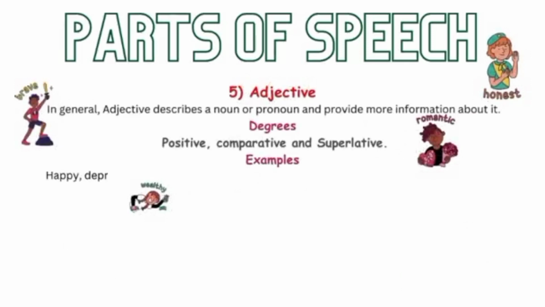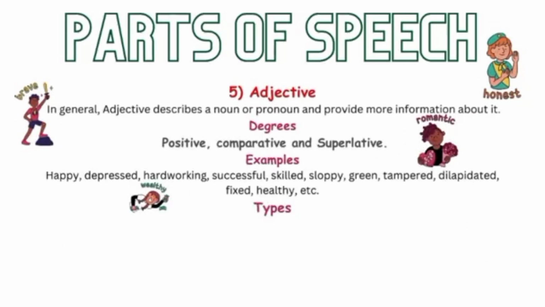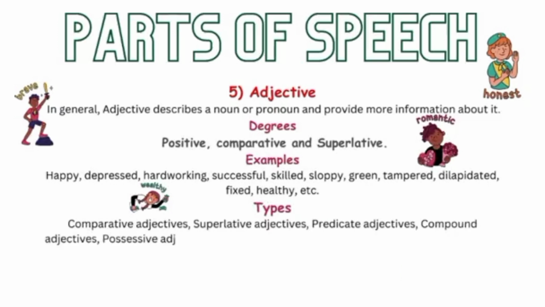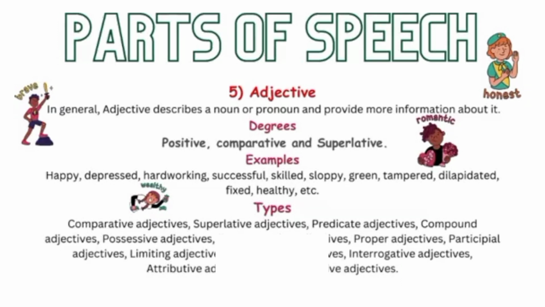Fifth is adjective. In general, an adjective describes a noun or pronoun and provides more information about it, like happy, depressed, hardworking, successful, skilled, sloppy, green, tampered, dilapidated, fixed, healthy, etc. are some examples of adjectives. Degrees of adjective are 3: positive, comparative, and superlative.